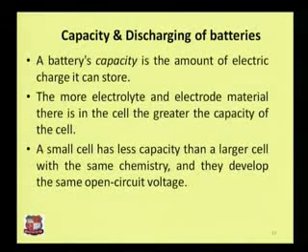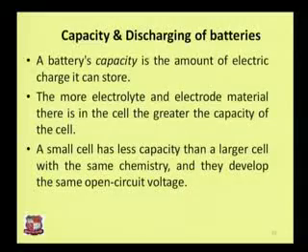Okay, so the next topic is capacity and discharging of batteries. What is the capacity of a battery? That is quite important. When we buy a battery, we want to know how long it will work properly and efficiently, how much time it will take to discharge, and after what time we have to recharge it.